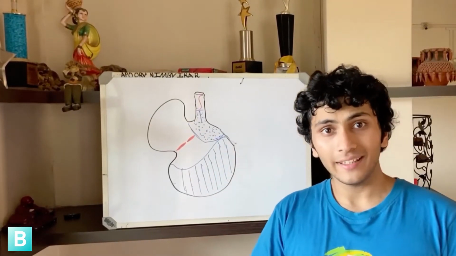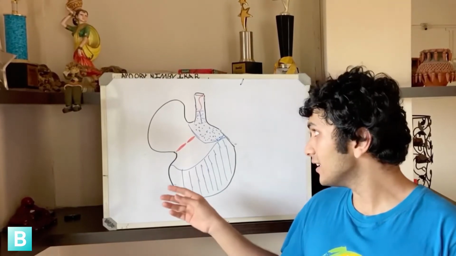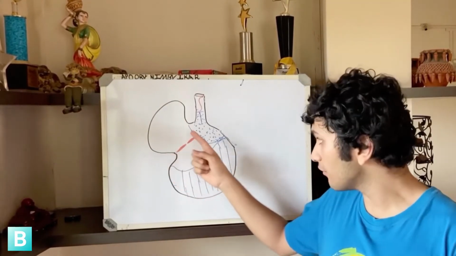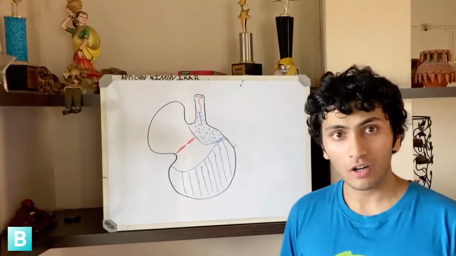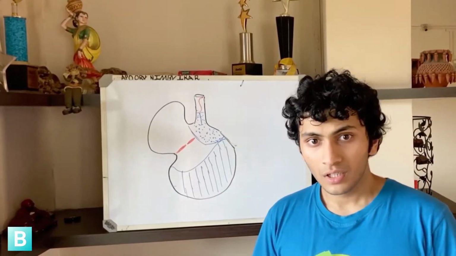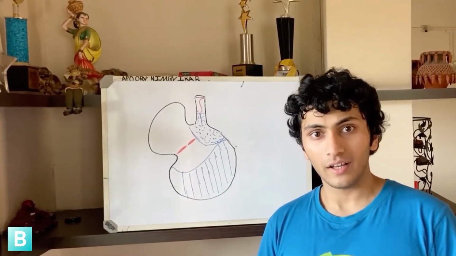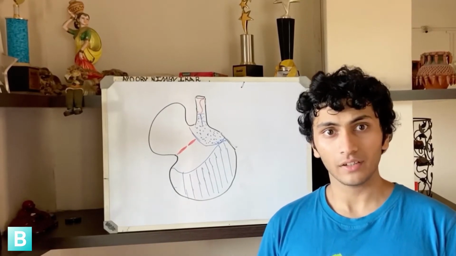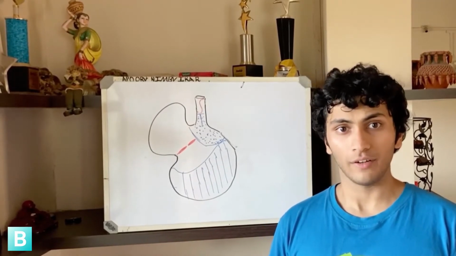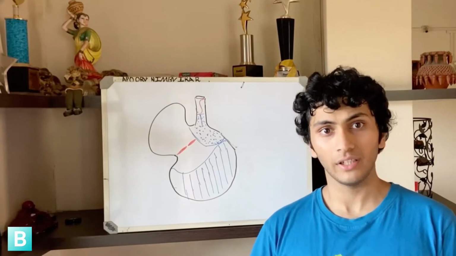So logically, any defect in them can result in an atrial septal defect, a ventricular septal defect, or a valvular defect. Together these are called atrioventricular canal defects or endocardial cushion defects, and these are classically seen with Down syndrome.